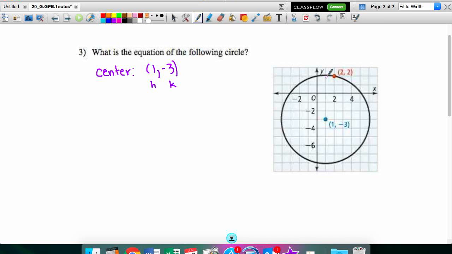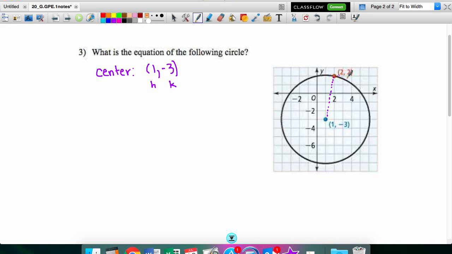I know it looks like the radius is 5, but since we're given this point, we have to use the point to find the radius. And in addition, this can't be 5 because if this was a y value of 2, then the y value here we would expect to be slightly less than it, but it isn't. So when given a point on the circle, you're going to have to find your radius another way.